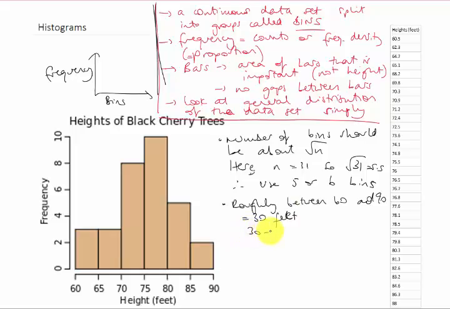If we do 30 divided by 6, that gives us bins of 5 feet each, which sounds pretty sensible. If we start at 60, we'd have 60.0 all the way up to 64.9.